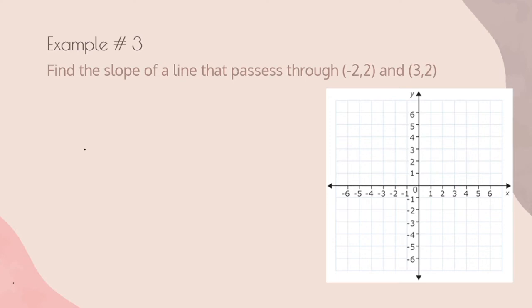So we have m is equal to 2 minus 2 over 3 minus -2. So we have 2 minus 2, that would be equal to 0 over 3 plus 2. Alright, 3 plus 2, that would be equal to 5.